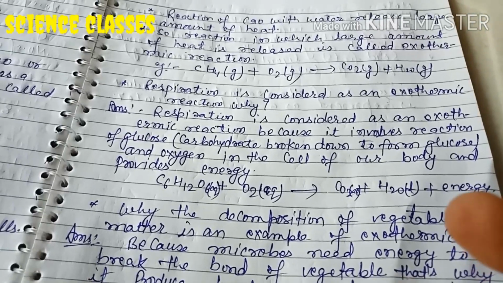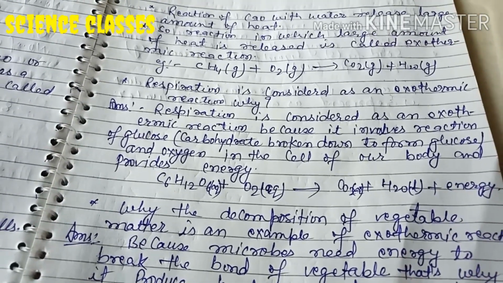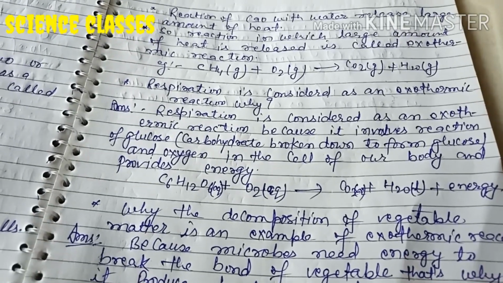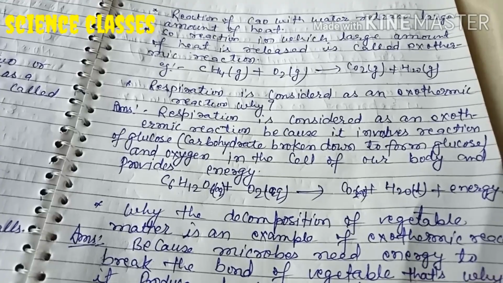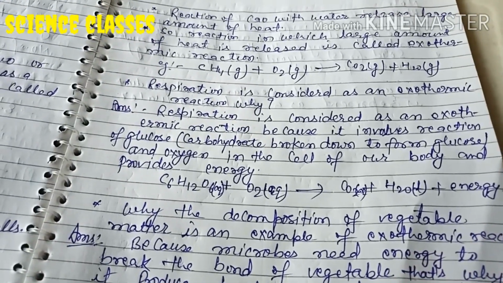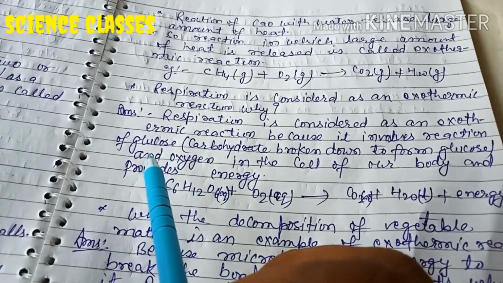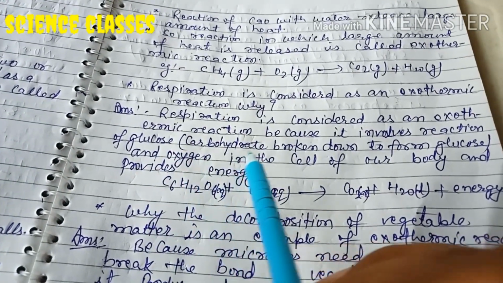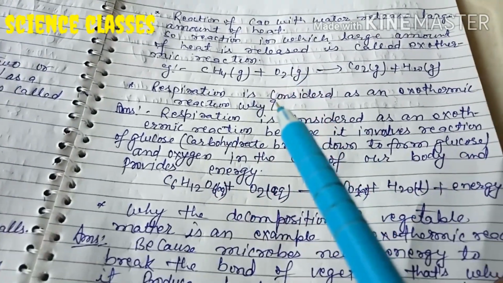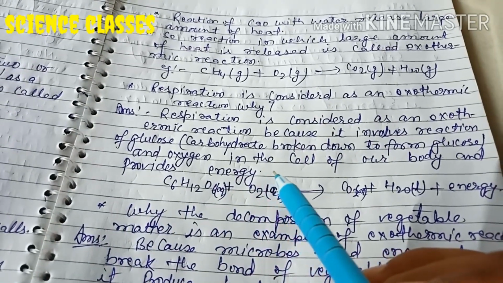And how do we take carbohydrate? By food like rice, potato, bread. These are some sources of carbohydrate. So glucose reacts with oxygen in the cells of our body and provides energy.